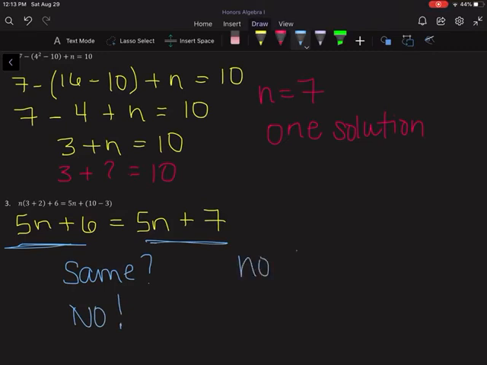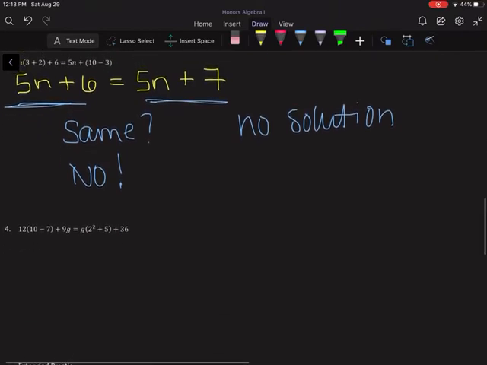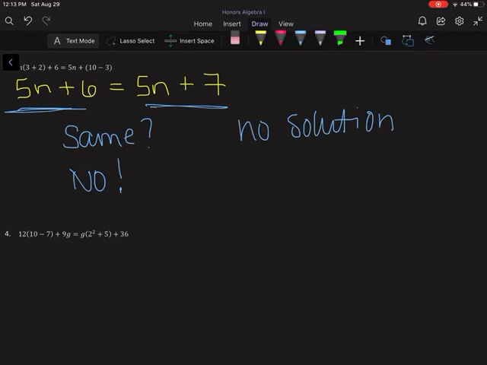No. So therefore, we say it's no solution. And down the line, yes, we'll eliminate the variables and we'll be left with two constants which do not equal each other, meaning it's no solution. So we'll look at an example that it actually ends up being the same expression on both sides.